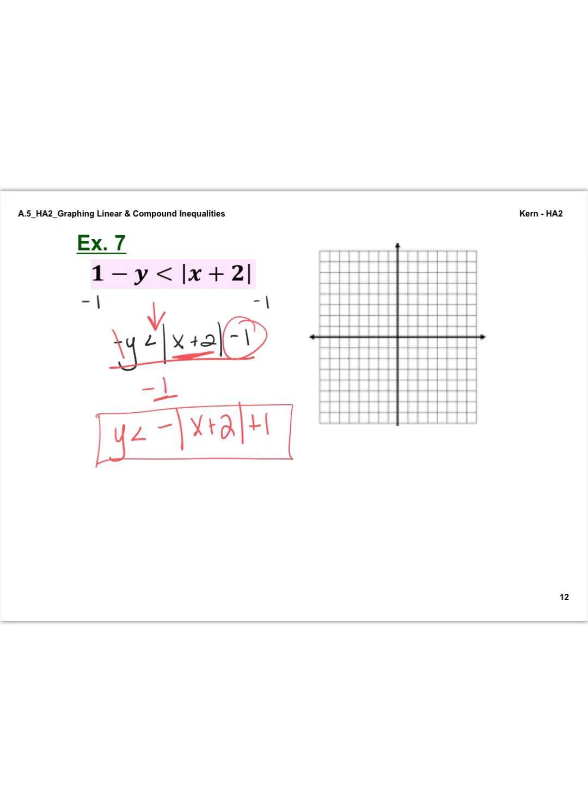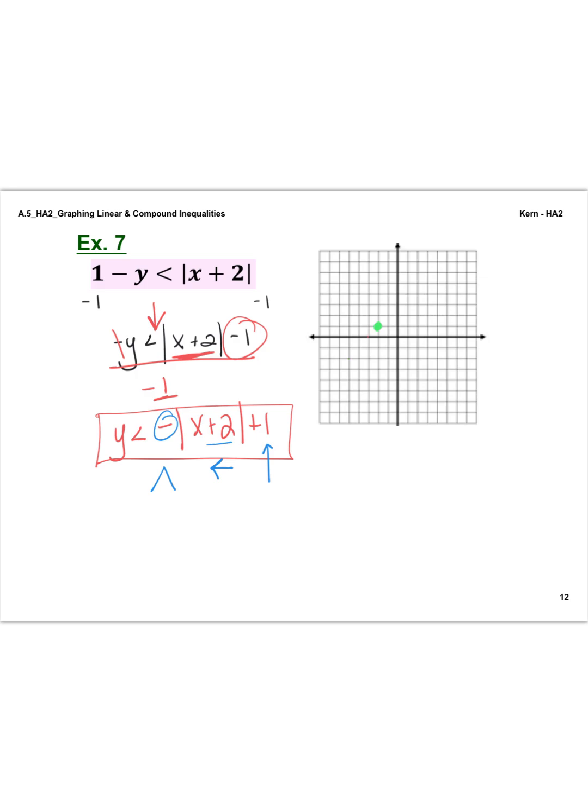Okay, so now the negative in the front, remember, flips the V upside down. A +2 is gonna move it left 2, and a +1 is gonna move it up 1. So if you start at the origin, we need to go left 2, up 1. And remember, since our V is flipped, now we're going in a downward direction.